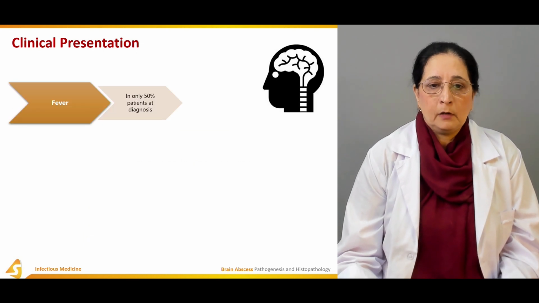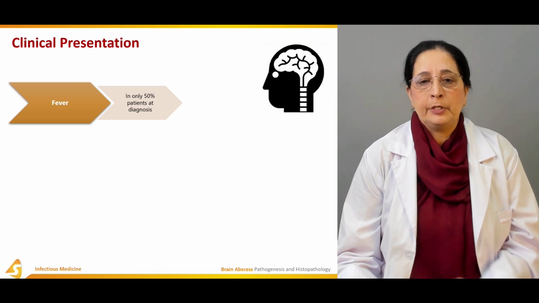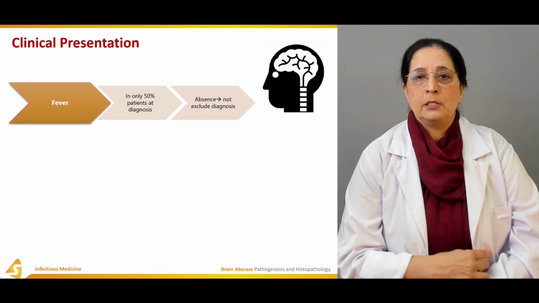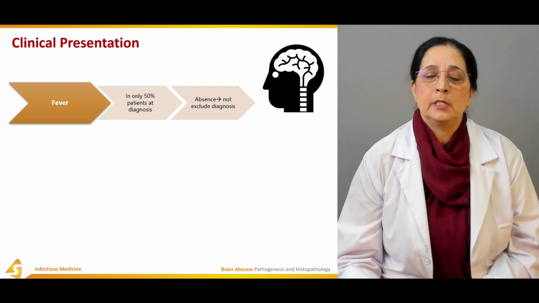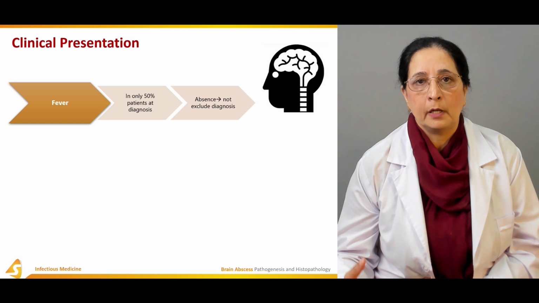There is also fever, in 50% of patients at diagnosis. Its absence does not exclude the diagnosis, so if fever is not present, it doesn't mean that there is no brain abscess.